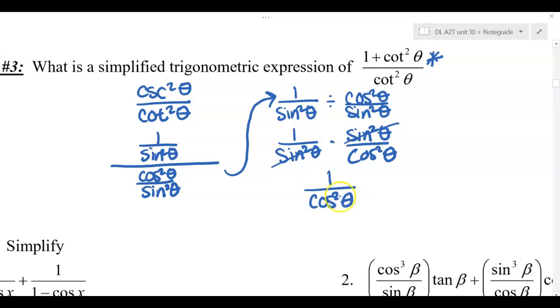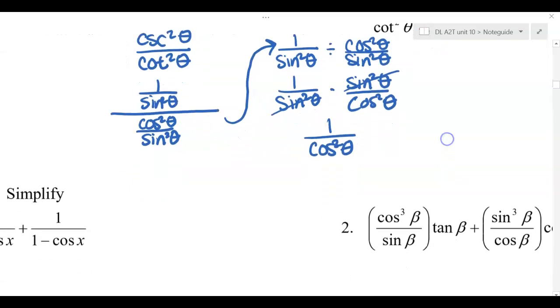This is good. So I have one fraction here that's gotten down to one trig function, and there's just one more step here because I don't have to write this as a fraction. I actually know something that 1 over cosine is equivalent to, and that is secant. And so this would be secant squared theta. And that would be the simplest way that I could write that.